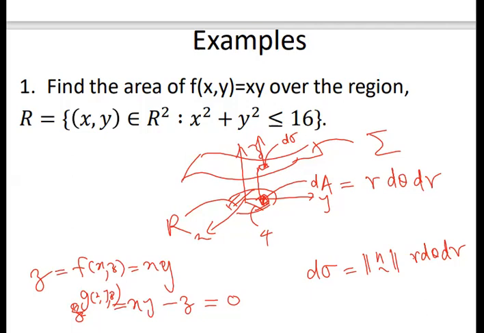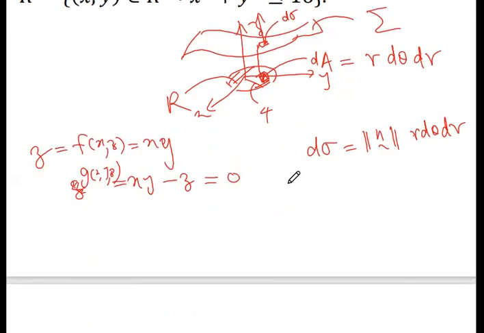The normal vector to this level surface is the gradient of g, which is partial with respect to x, which is y; partial with respect to y, which is x; partial with respect to z, which is 1. This is the normal vector.